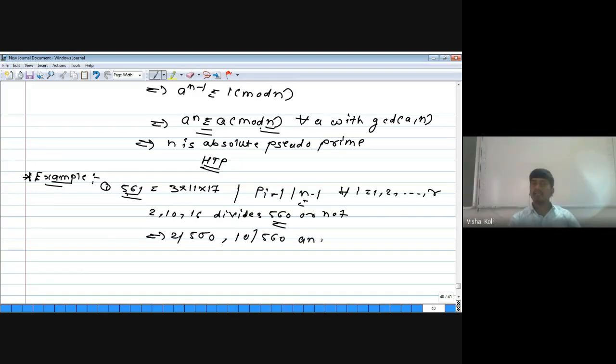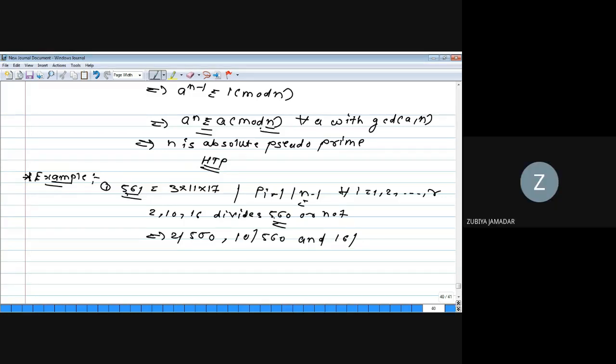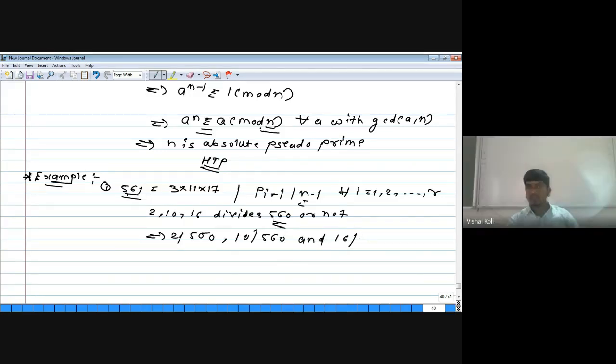And 16? 16 also divides 560, which implies 561 is an absolute pseudoprime.